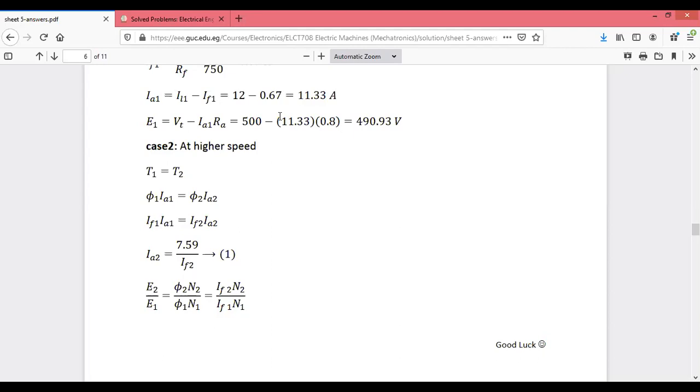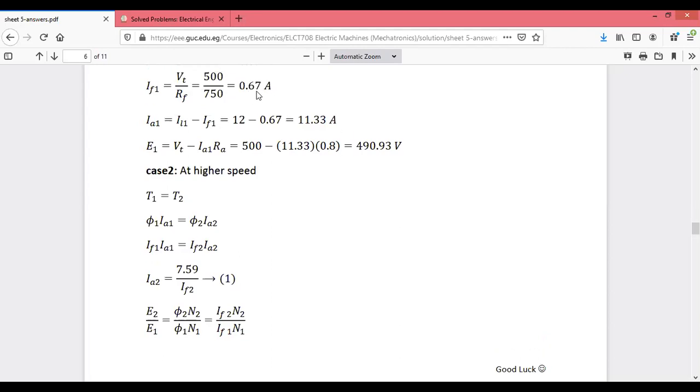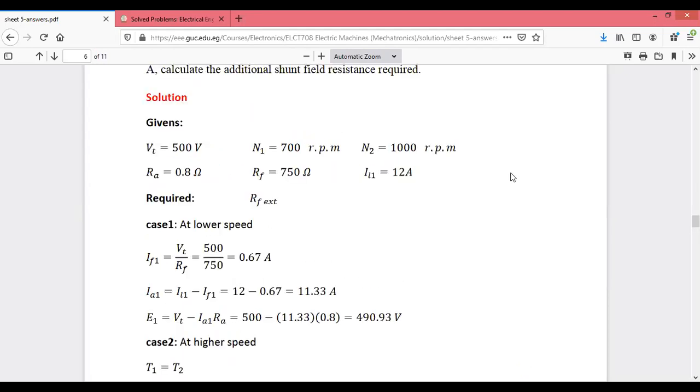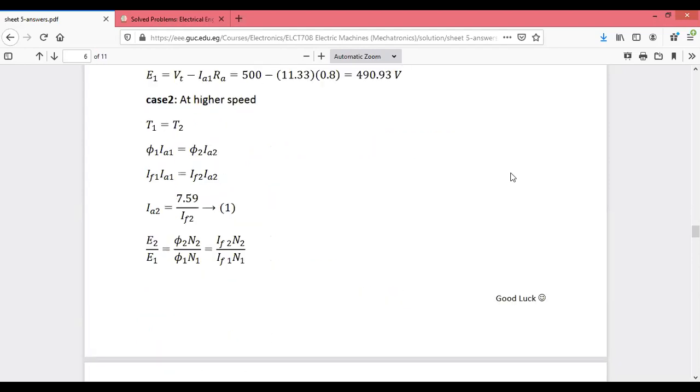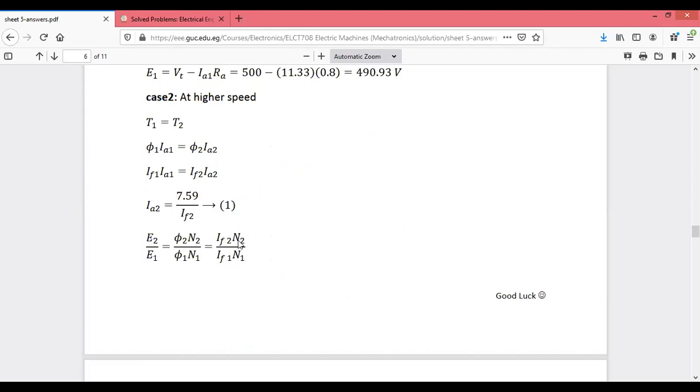If1 we have just solved, we are having the value, so you will get E2 by E1. E1 we have just solved here. We are not having the value for E2, but for E1 we are having the value. For N1 and N2 they have given the speed, so we are having the value for N1, we are having the value for N2, and If1 we are having.